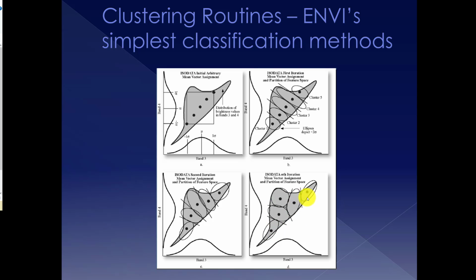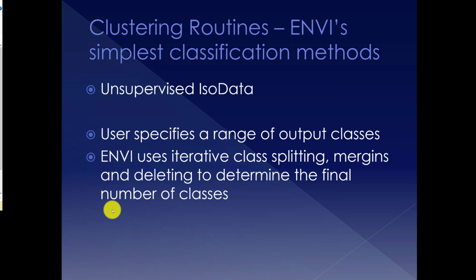Notice the centers and also the shapes of our ellipses have changed. Now we can be more confident in example D than we were in example B that everything assigned to this class is more similar and more alike each other than all of the pixels assigned to this class. Let this sink in for a moment. It's just a very abstract way of showing you how these classes are formed with algorithms.